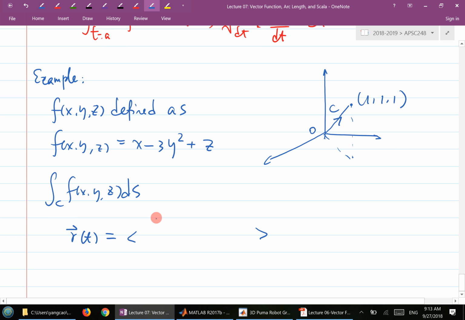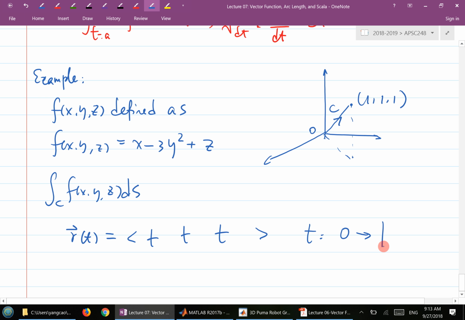Exactly, right? t, t, t. Now, once you lay down t, t, t, you also have to put down the range for the t. Basically, where does it start and what value does it end at for this parametric equation? 0 to 1.